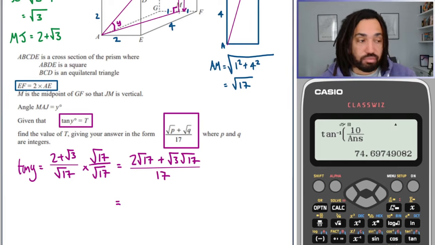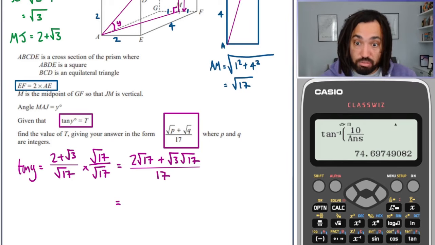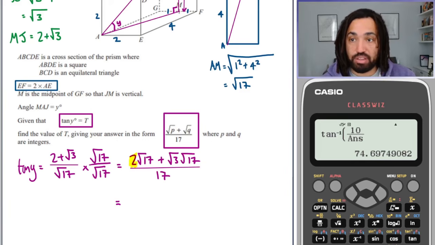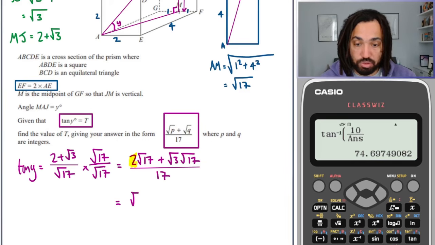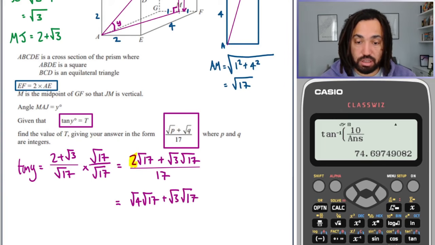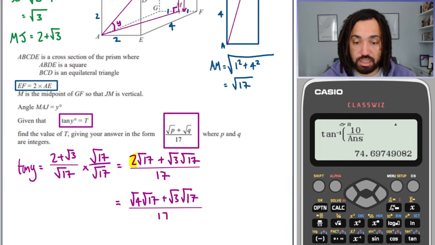Okay, all of the numerator has to be a square root. So we can rewrite that as root 4, because root 4 is the same as 2. So we get this, and that's all over 17.